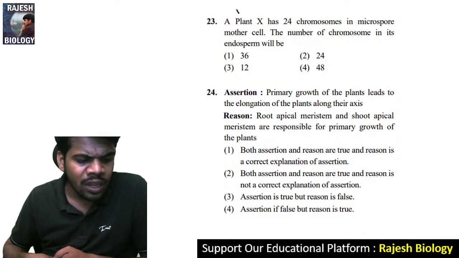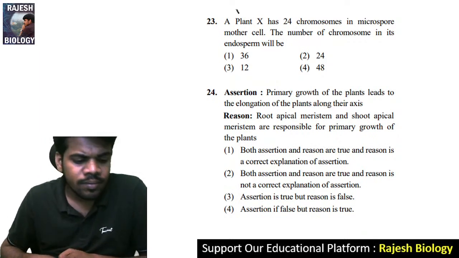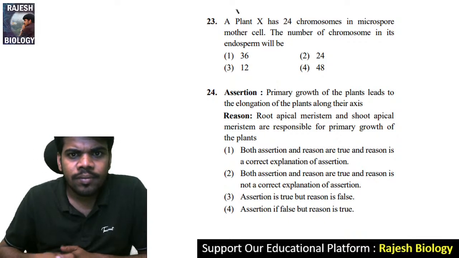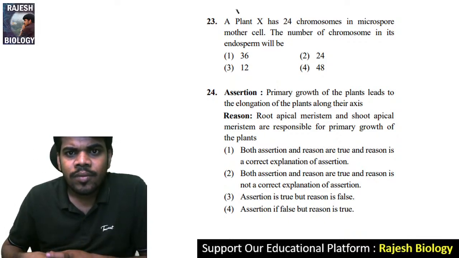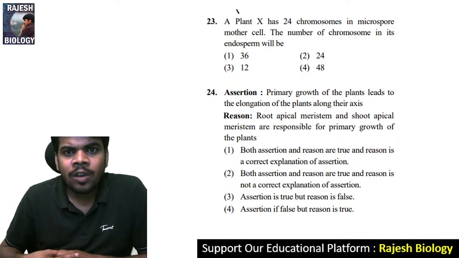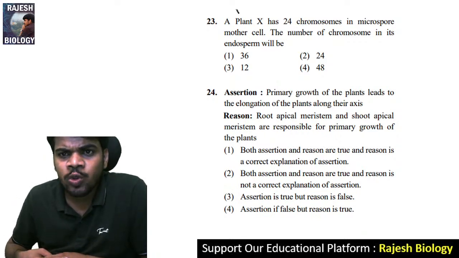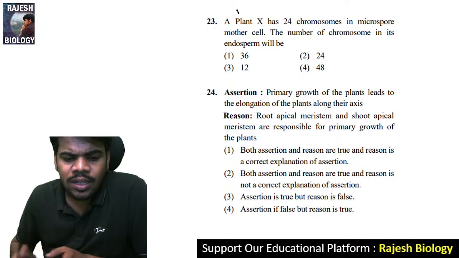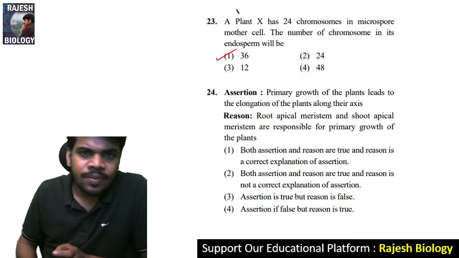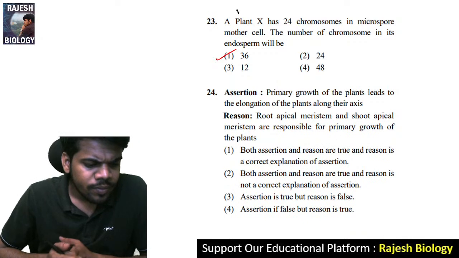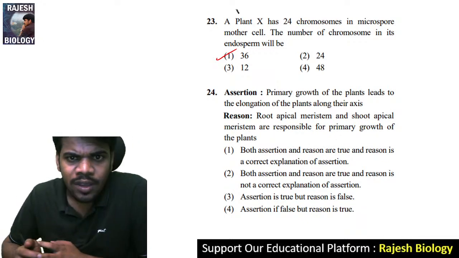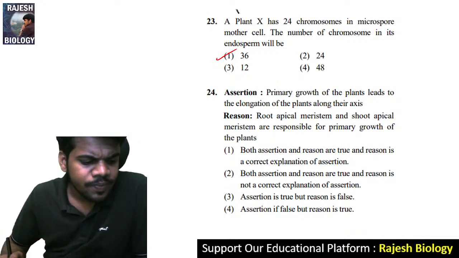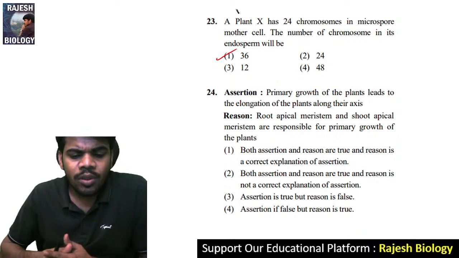Endosperm, 2n or 3n? Microspore mother cell is 2n. Endosperm is 3n. So the right answer is 1, 36. 3n, perfect. Come to the 24th question.